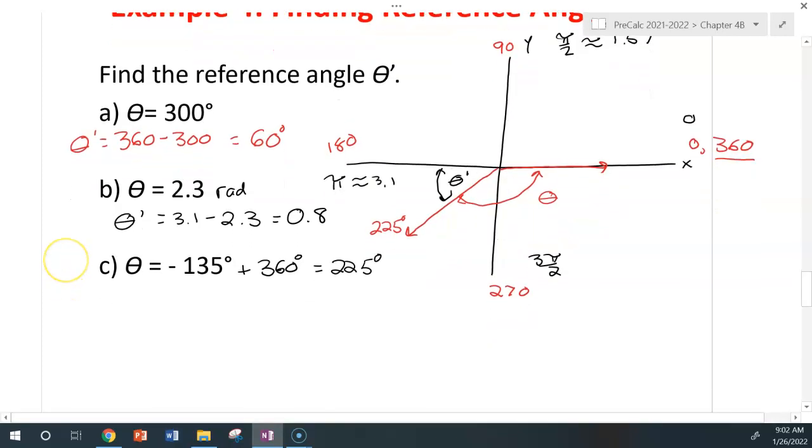We've got it marked. I just need to find the difference between 225 and 180. So 225 minus 180. Remember, my answer needs to be positive. That's why I put 225 first. Is 45 degrees. So there's our theta prime, 45 degrees.